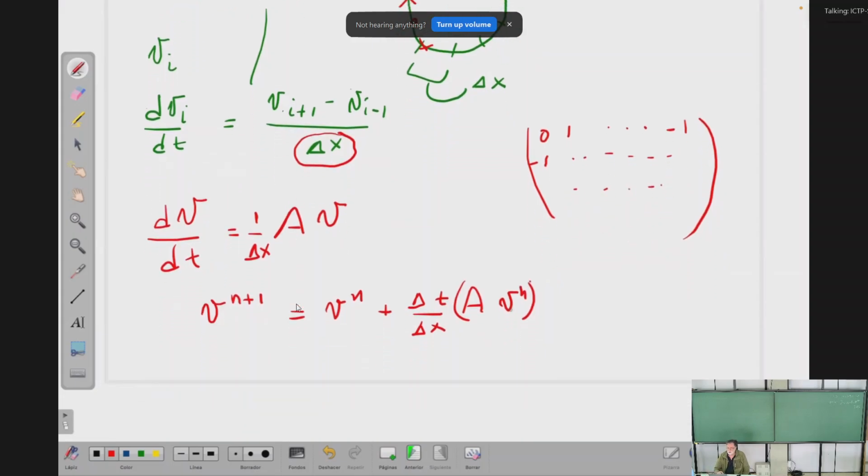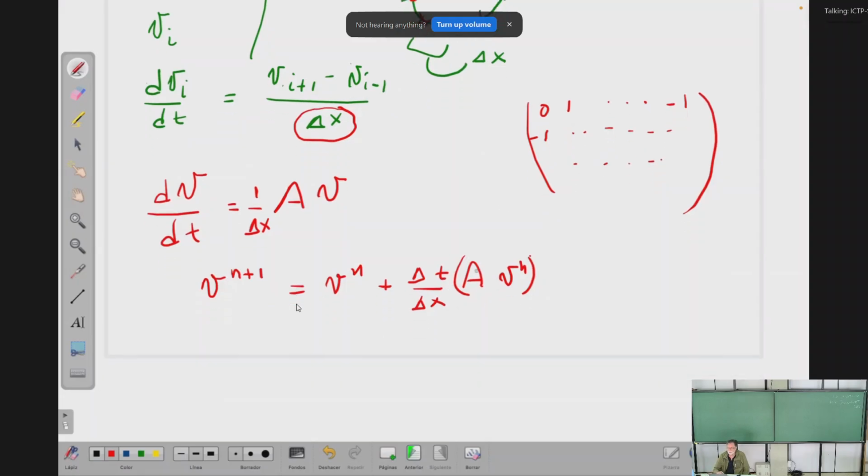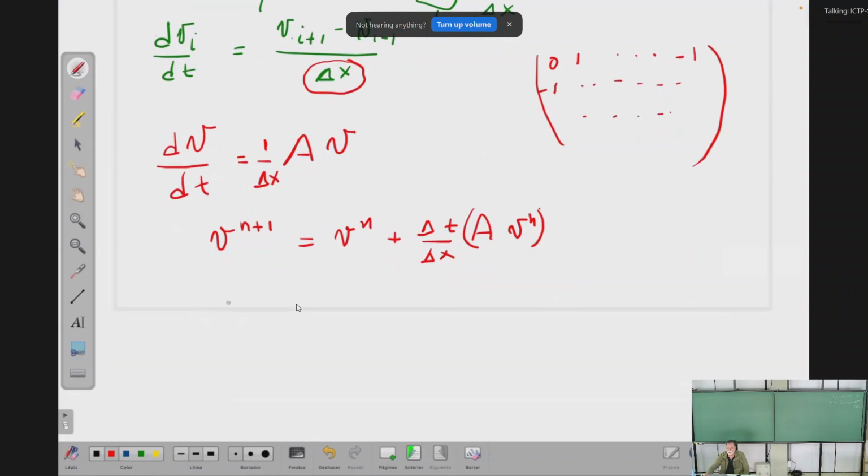If you diagonalize this matrix, so you go to another basis where it is diagonal, let me call it b twiddle, the diagonal matrix is of the form 1 over delta x times things which are pure imaginary. The eigenvalues are imaginary.